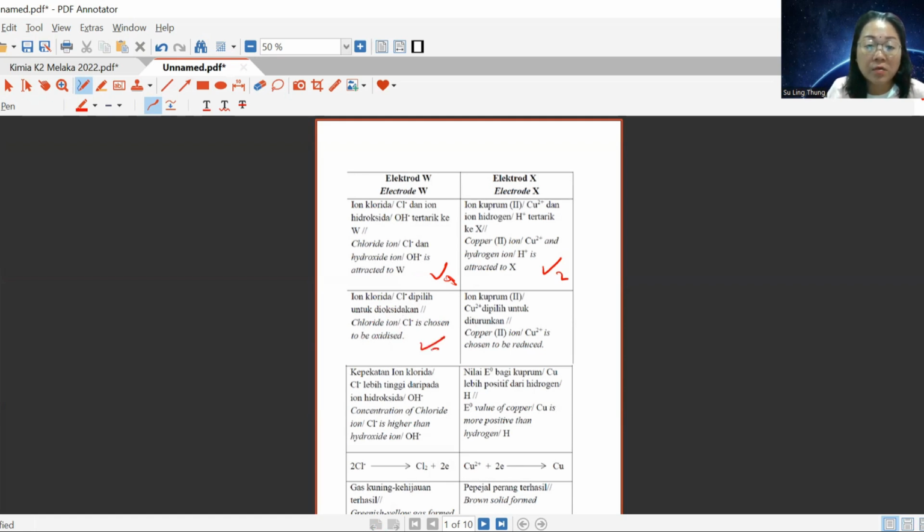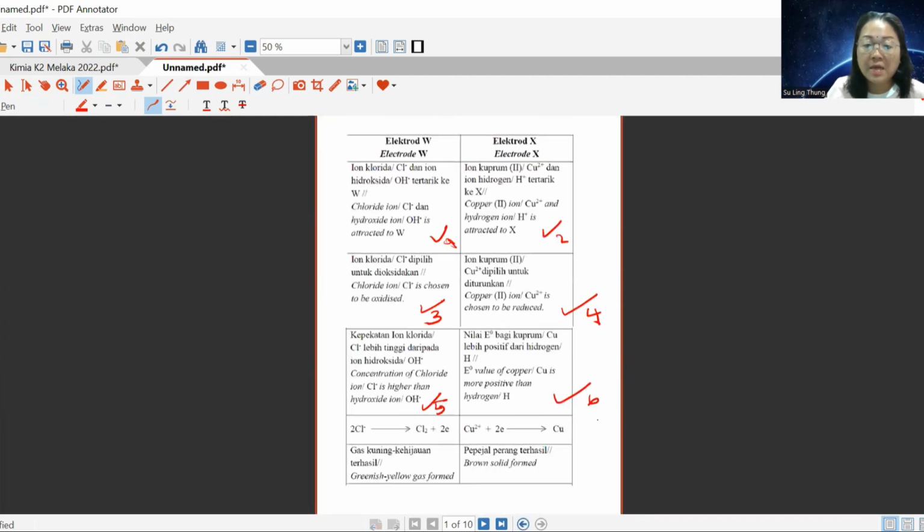Chloride ion will be chosen. And in X, copper 2 ions will be chosen. Why? The fact that in W, the concentration of chloride ion is higher than hydroxide ion. But in X, why is copper chosen? Due to the E naught value, which is more positive compared to hydrogen.